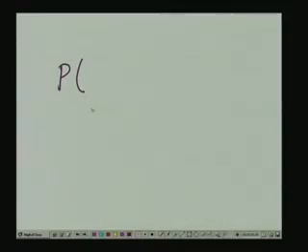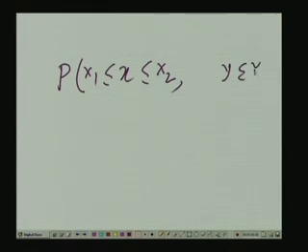How about a more general thing, that is, the probability of x lying within two limits and y also lying within two limits. What is this? Now, you can easily see this.